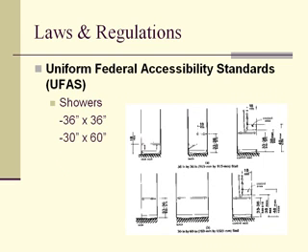Installing a shower such as the one at the bottom, the 30 by 60 inch shower, allows utilizing some of the clear floor space of that shower to provide the turning space within it. So that definitely provides a greater advantage over having a bathtub. A bathtub, in tight configurations, does not allow that, and unless the clear floor space is provided outside of that space, it basically restricts the use.